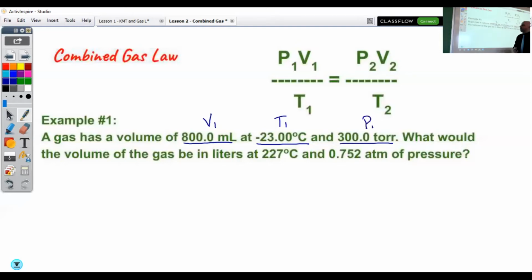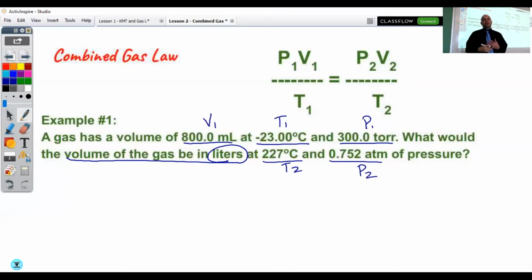So the question then becomes, what would the volume of the gas be? So we're looking for the volume, and notice that it's asking for that volume in liters. So we have to do another conversion there at temperature 2 and pressure 2. So if you notice anything about this problem, the most important takeaway message is you want to get units to cross out.